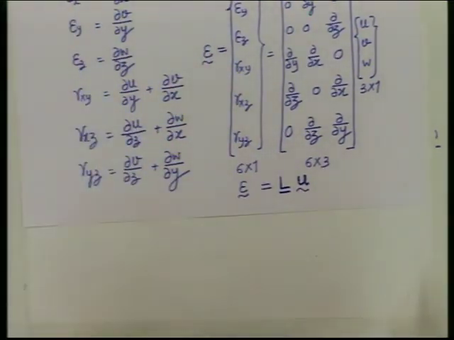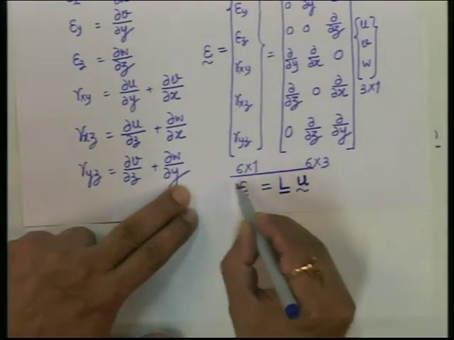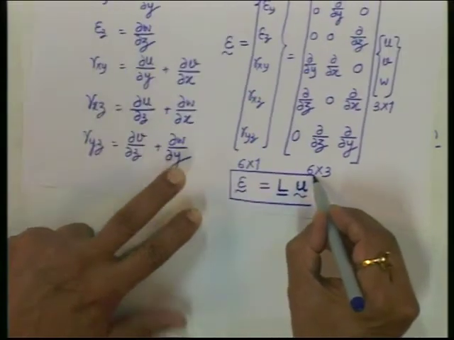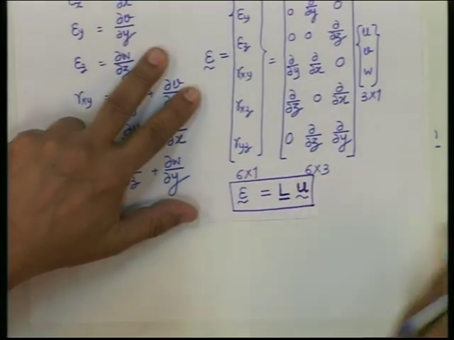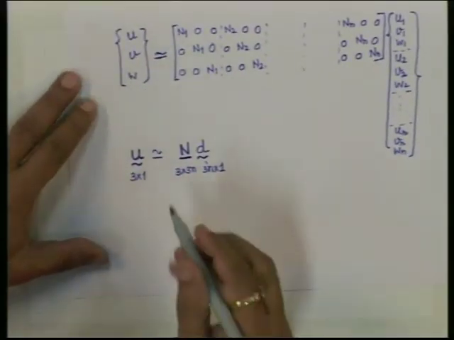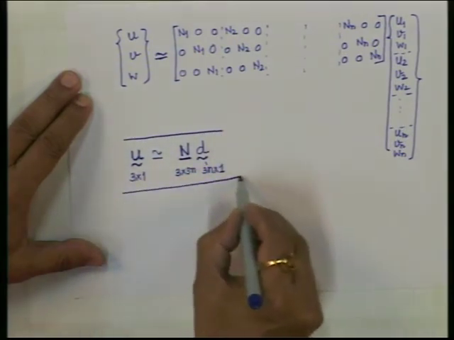Please remember these. Whenever you are solving any elastic problem, this is how the finite element method got developed. These are basic relations. We have to establish these matrices. Similarly, the first one was this, you have to establish this.